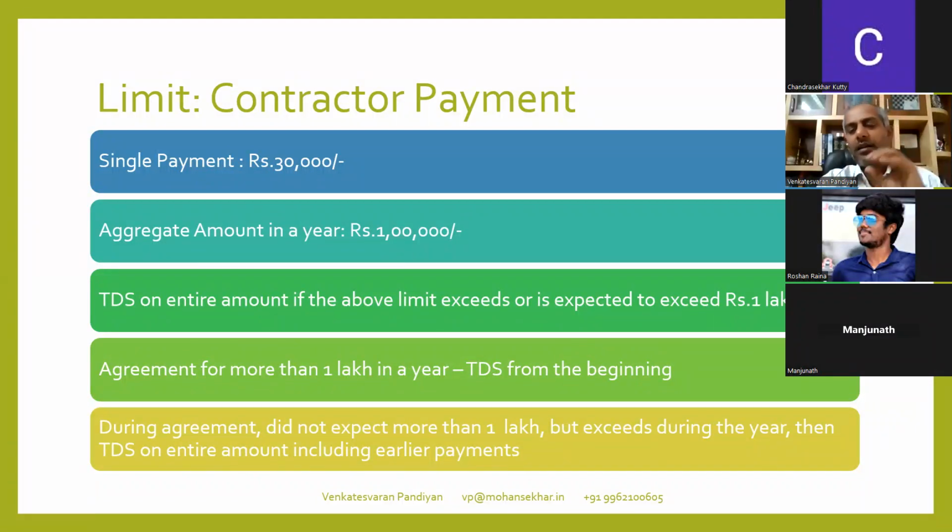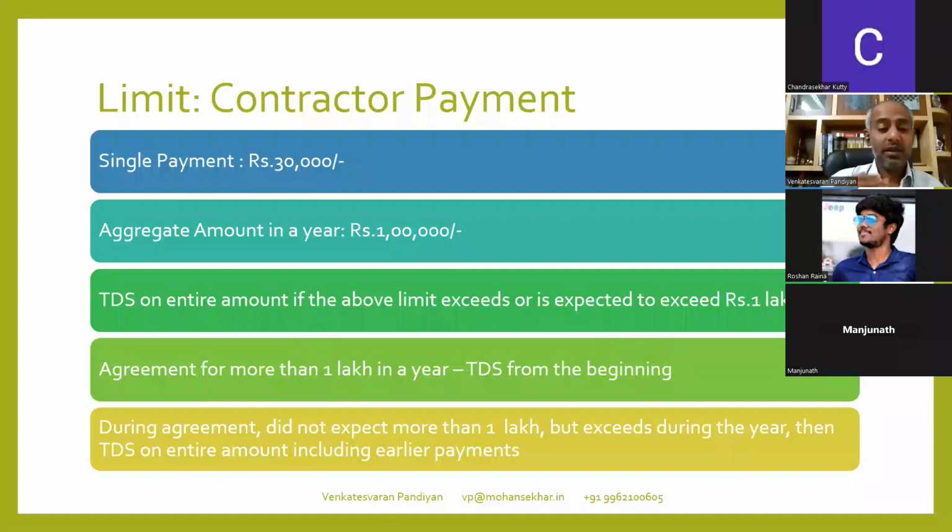There is a circular to this effect, and this is binding. There's a notification, in fact, and it is binding. There's another circular which says, during agreement, the parties do not envisage a payment of more than 1 lakh. However, during the period, the payment crosses 1 lakh, then the TDS should be deducted on the entire amount right from the beginning.